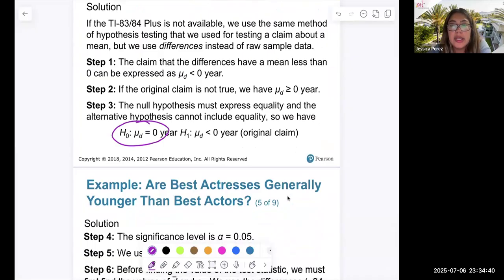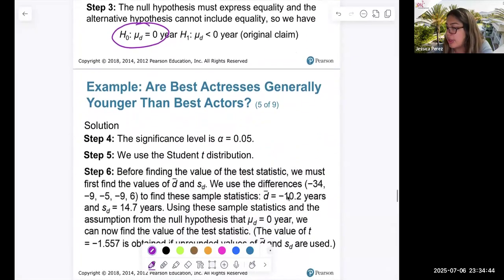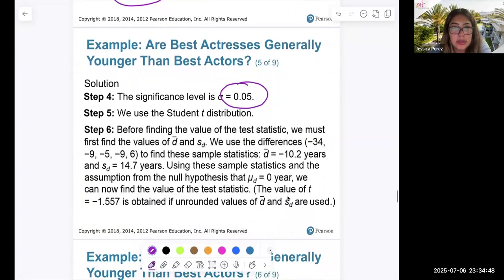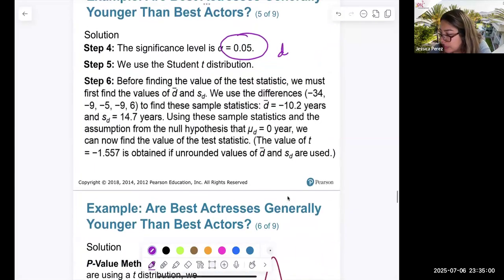And the alternative is MD less than 0, the original claim. We have a significance level alpha of 0.05, and we will use the student t distribution. So before finding the test statistic, we must find the values of d bar and sd. d bar is the mean of the differences.